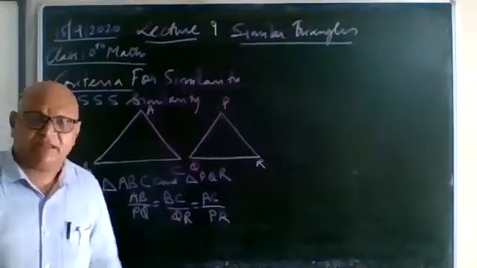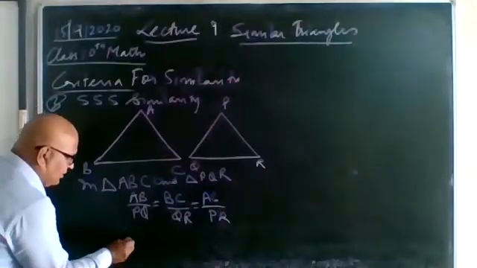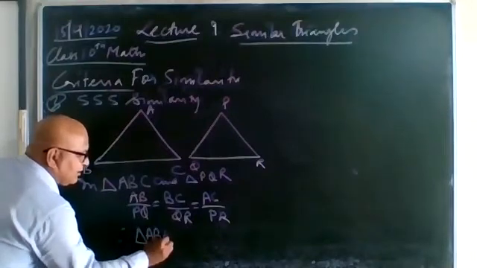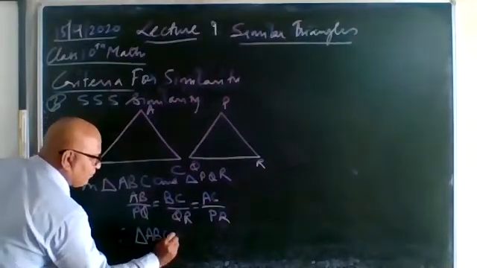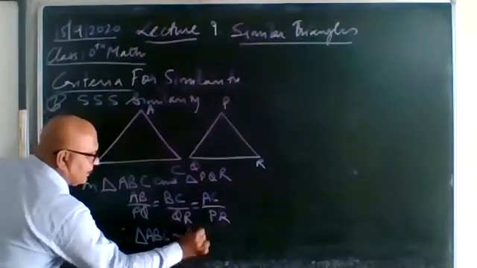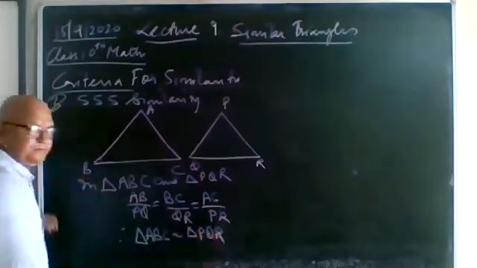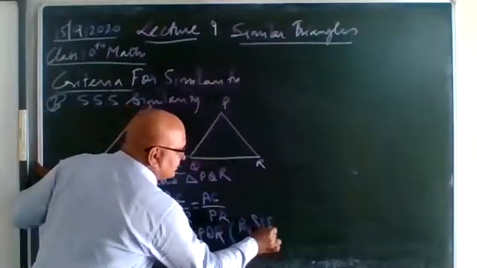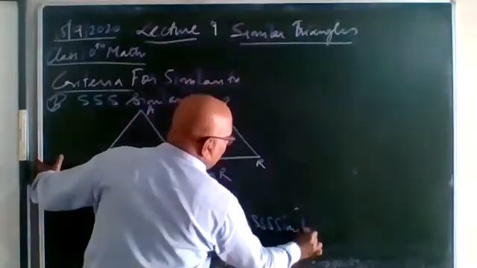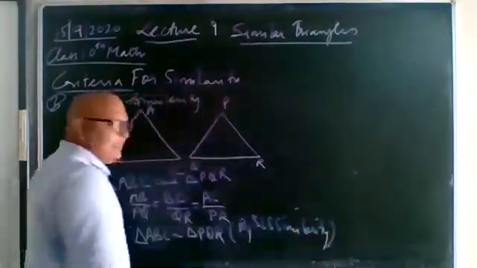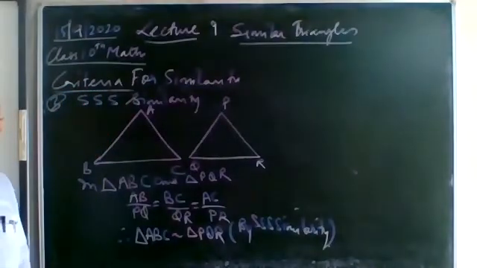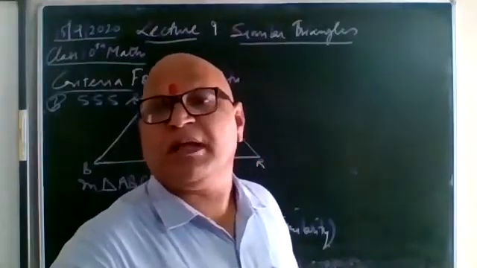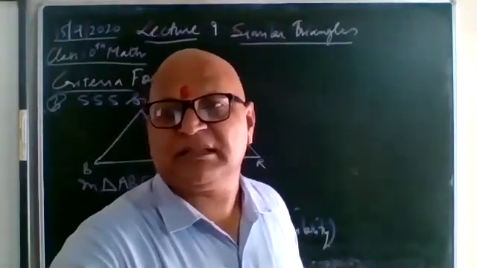If these ratios are equal, then you will say therefore triangle ABC is similar to triangle PQR by SSS similarity. Understood? So these are the three properties by which you can prove that two triangles are similar.